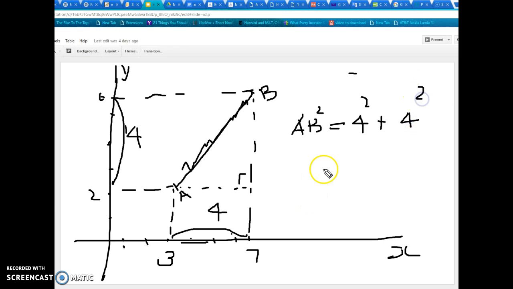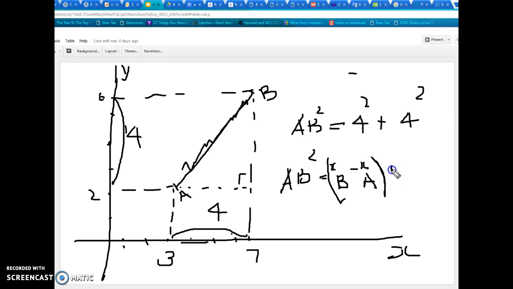Okay, so the general formula can be AB squared equals xB minus xA, squared.